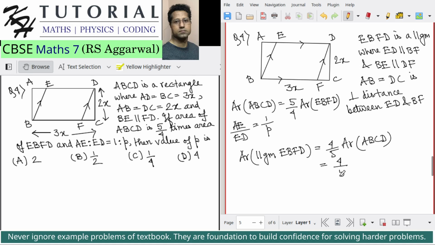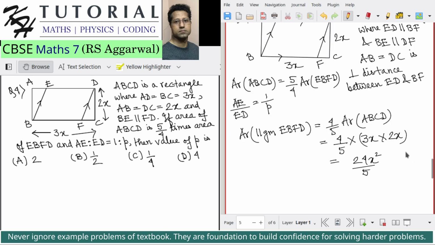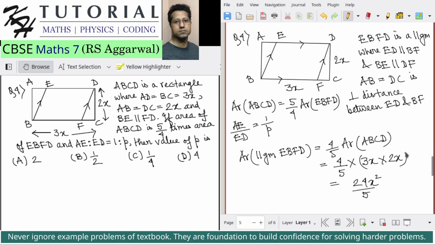So this is 4 by 5 multiplied by the area of the rectangle ABCD, which is 3x multiplied by 2x. So this is equal to 24 x square by 5, the area of the parallelogram EBFD.